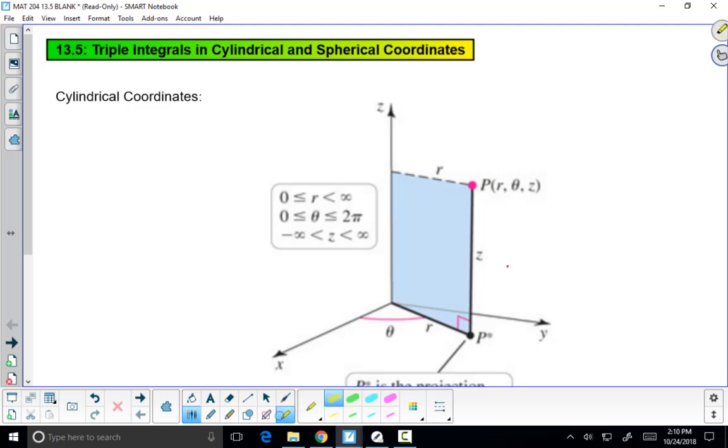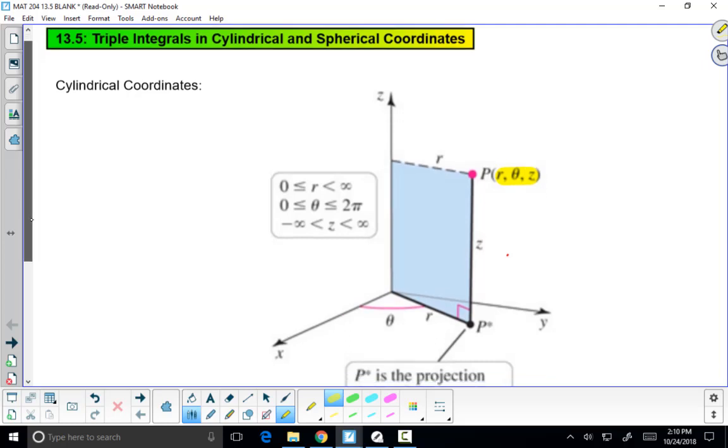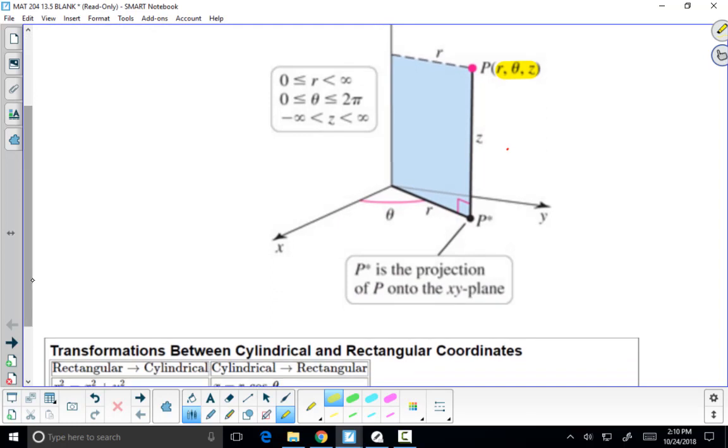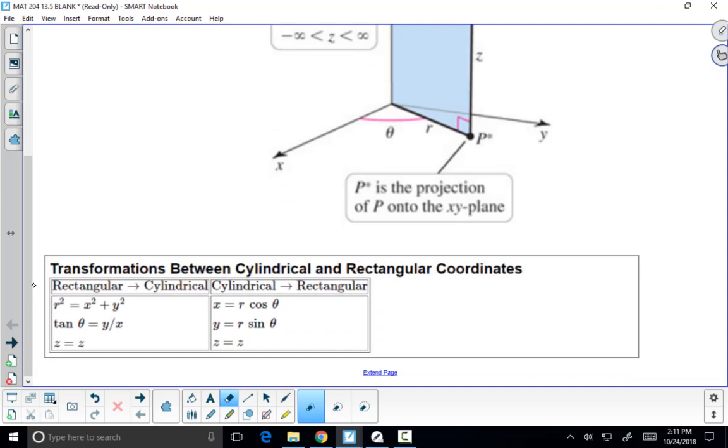When we look at a point given to us in cylindrical coordinates, down in the xy plane we do what we would do with polar, and then all we've done is added a z. We've added a vertical coordinate that measures the height above or below the xy plane. Okay, so that's the idea of cylindrical.